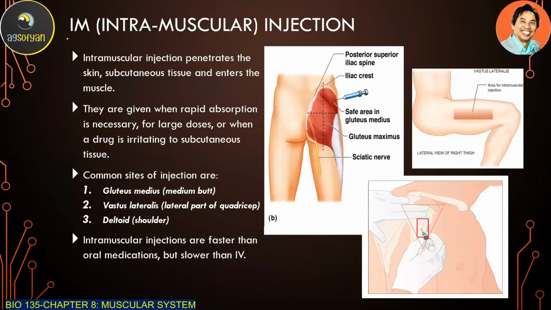Okay, the last one is the IM, intramuscular injection. In general, there are three muscles used as sites for injection.